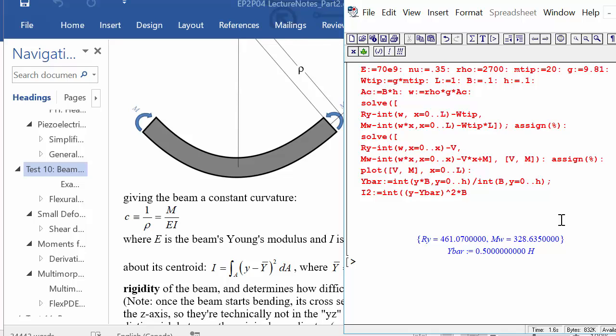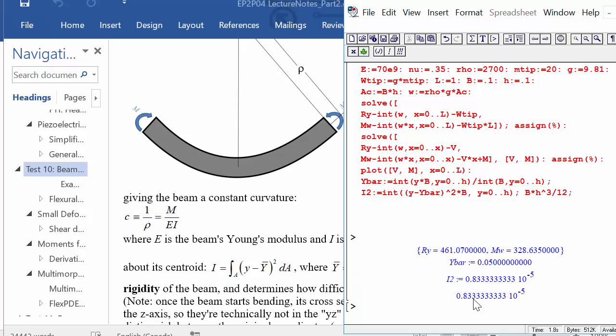So this is times b, because there's no change in the width direction, so we can just multiply that by the width, and then show the integration variable going from y is 0 to h. So this is over the whole thing, and what we should find is that we get b times h cubed over 12. So we'll just compare to that, b h cubed over 12, and we'll have the same answer. Okay, so that's the second moment of area.